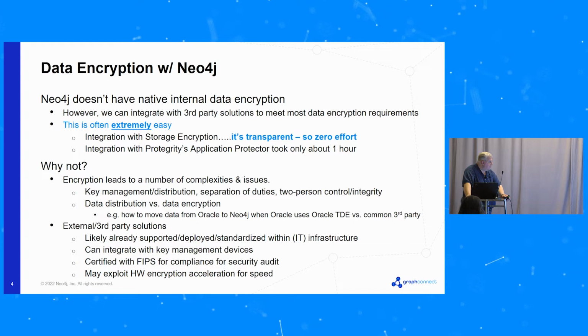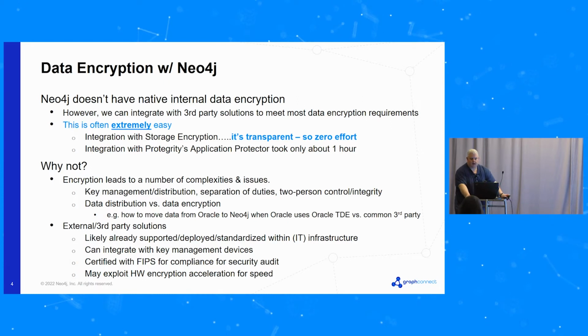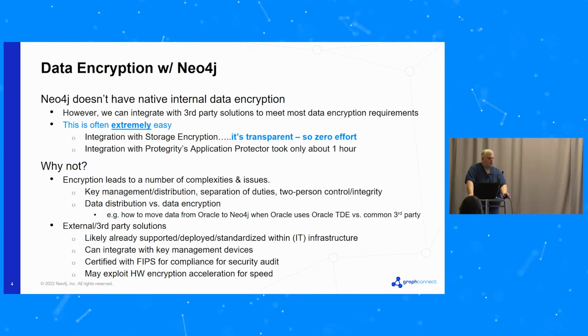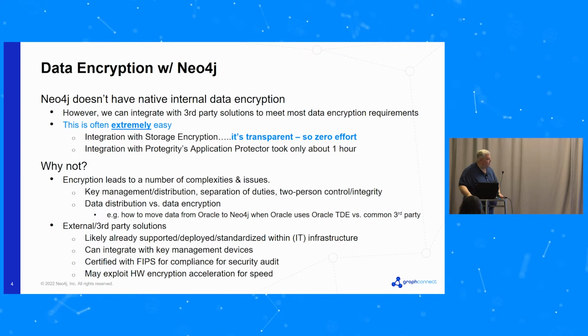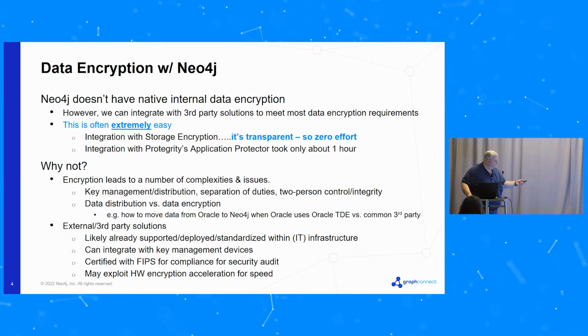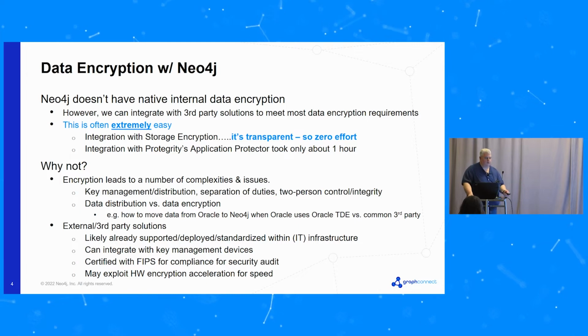And then, is it certified? If you work with PCI DSS or something like that, they typically want the algorithms to be certified by FIPS. So you've got to go through all the NIST testing. That takes a couple of years. So it's just a lot easier to integrate with people that already do it, and they may also exploit the hardware encryption on the CPUs to be able to do things.